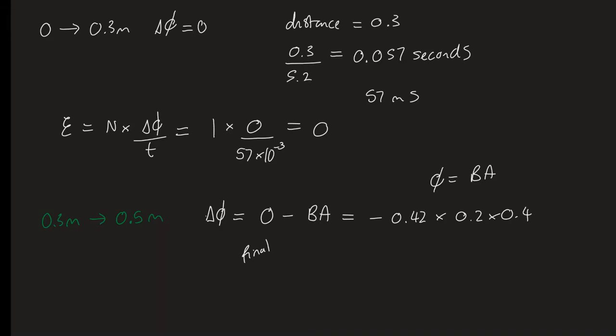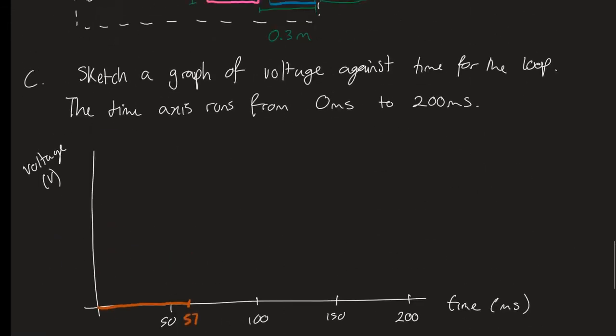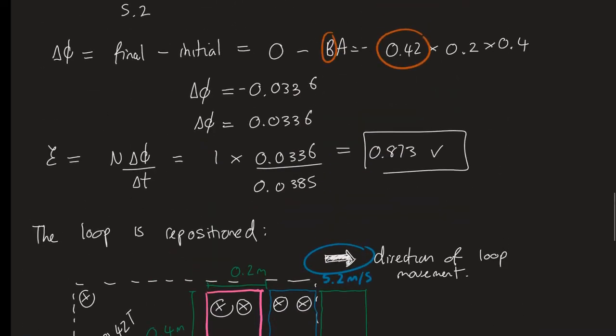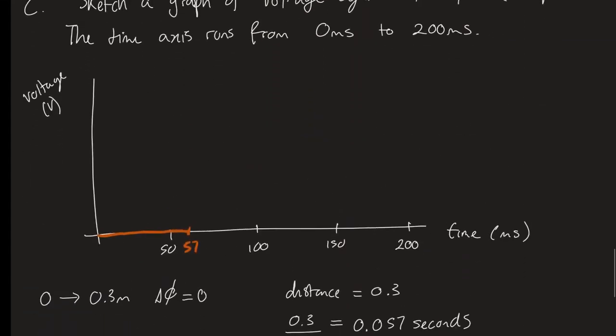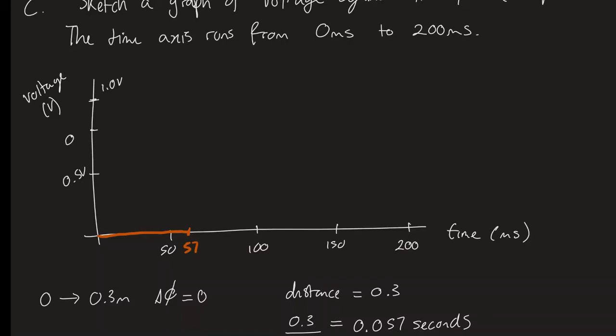Well, that's what we had in part A. It's exactly the same sort of thing. We actually worked that out right there: 0.873 volts. So we'll say the top of our scale is 1 volt, so that would be 0.5 volts, and somewhere around here that would be 0.8, so 0.87 would be about there.